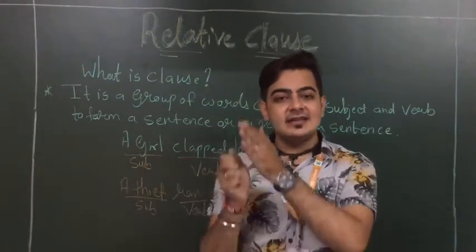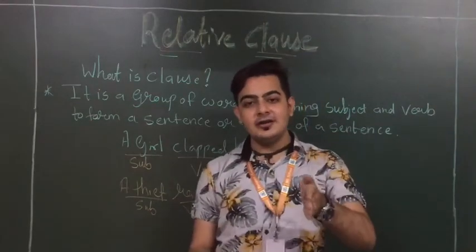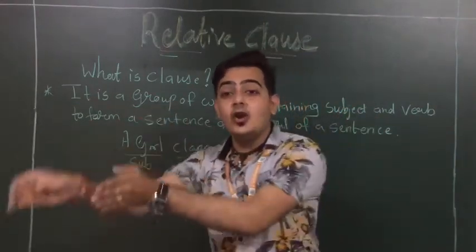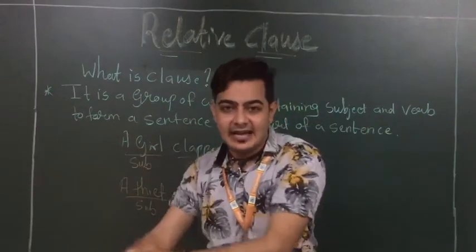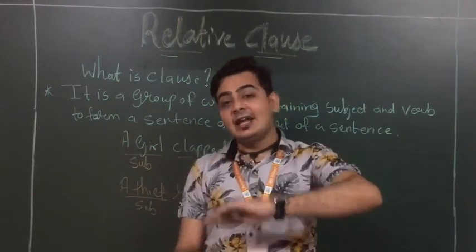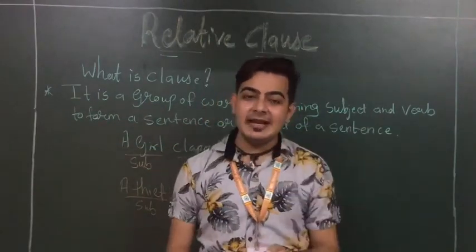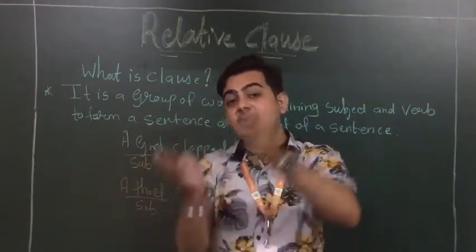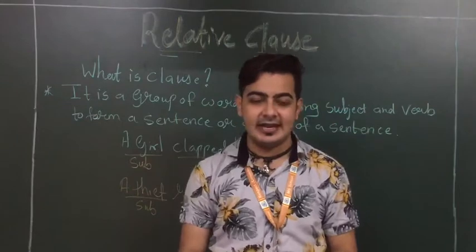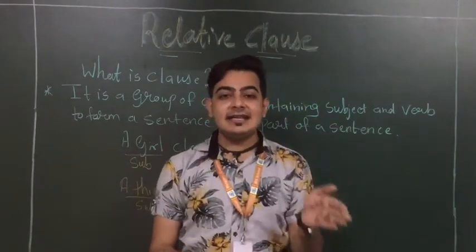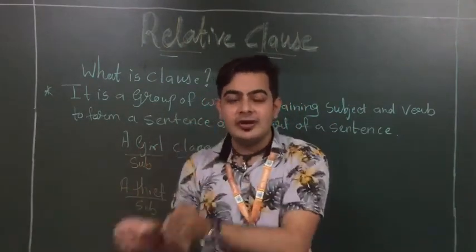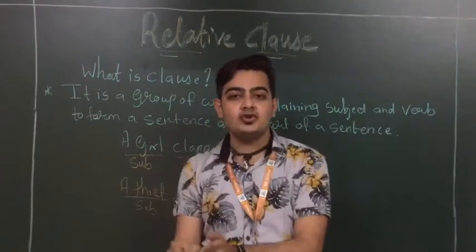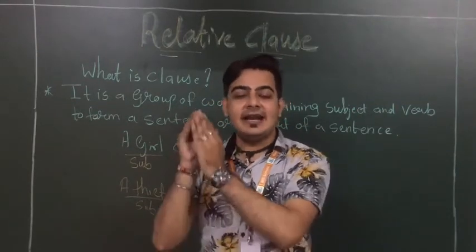Dependent clause means the sentence can stand alone, जो अकेले खड़े रह सकता है, that means dependent. And what is independent? Independent means जो सेंटेंस को मीनिंगफुल बनाने के लिए किसी और सेंटेंस की जरूरत पड़ती है. ठीक है, when the sentence can't stand alone, that sentence is known as an independent clause.